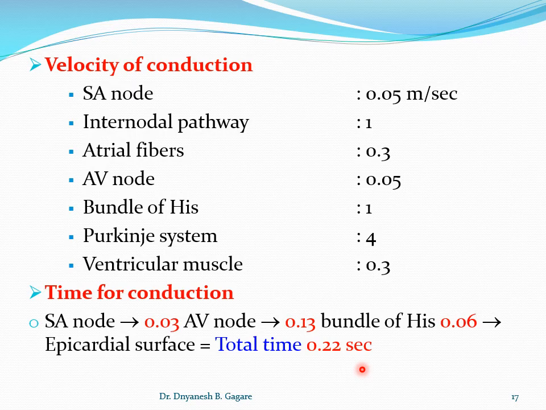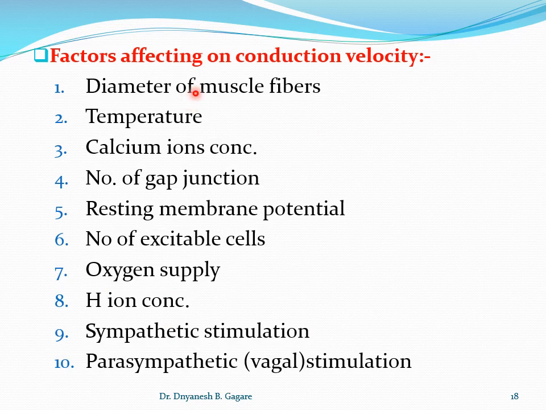So this is something about the conduction of the impulse. Next slide, students. Now see the factors affecting conduction. You are already familiar, but if a long answer question is there, then you can add these and increase your answer.